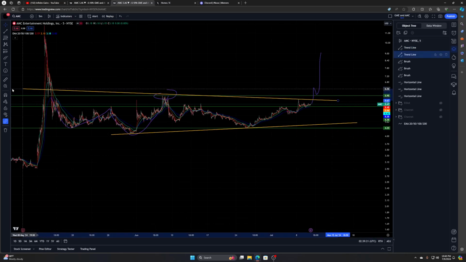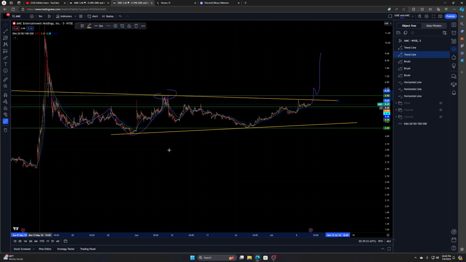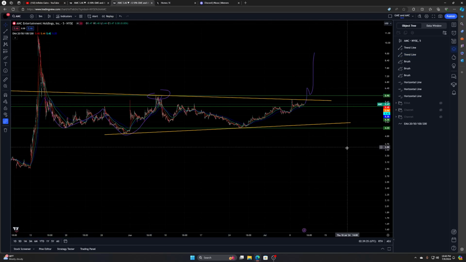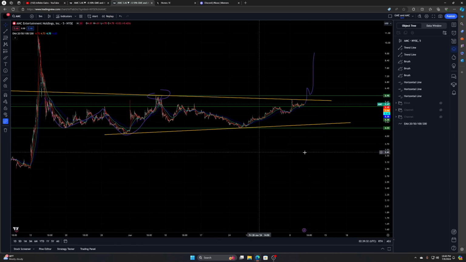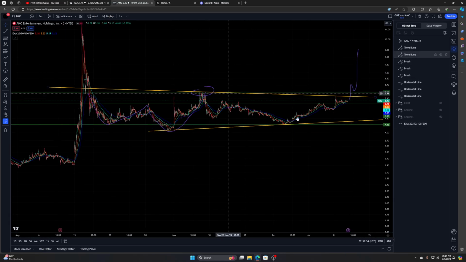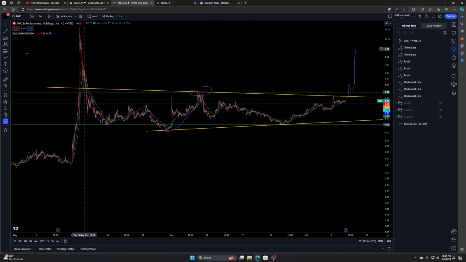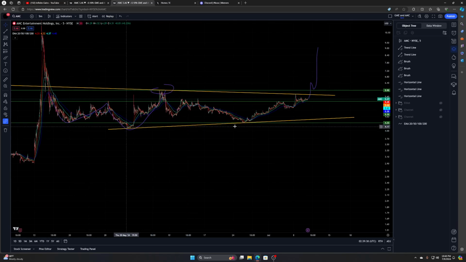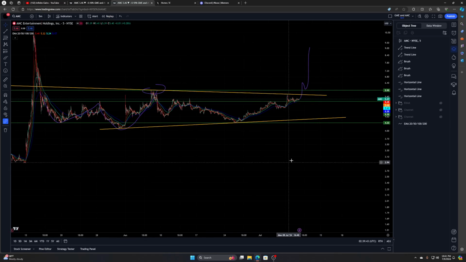And then you have a channel like this. As you can see, we had a touch point here, broke below, then went to the downside. So you have this kind of wedge, this little pennant action, and you have 1-2 touches on the bottom and 1-2 touches on the top.